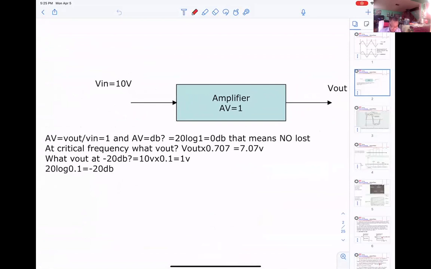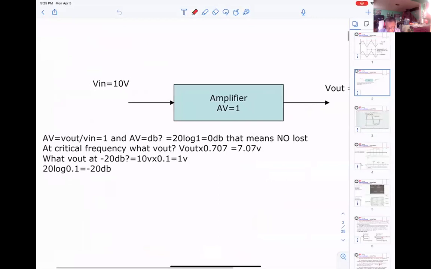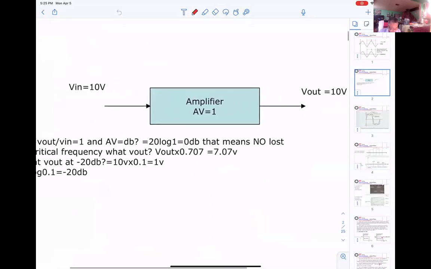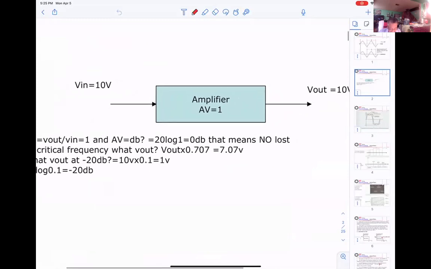And basically, for this amplifier, you get input at 10 volts. If the gain equals 1, then the output will also be 10 volts.